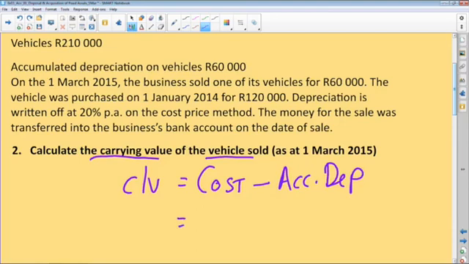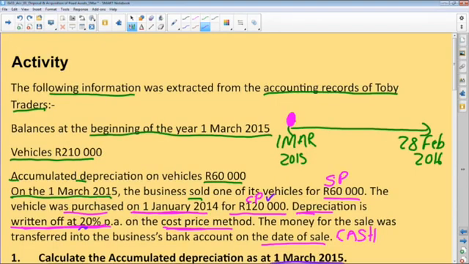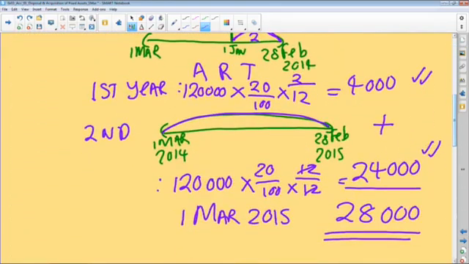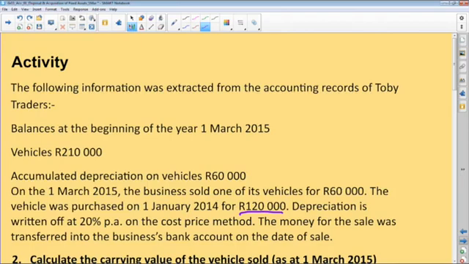So let's do this calculation together. Your carrying value: cost price minus accumulated depreciation. The cost price is 120,000 minus my accumulated depreciation that I calculated in the previous question. So let's just quickly check. It was 28,000. So I'm transferring that 28,000.